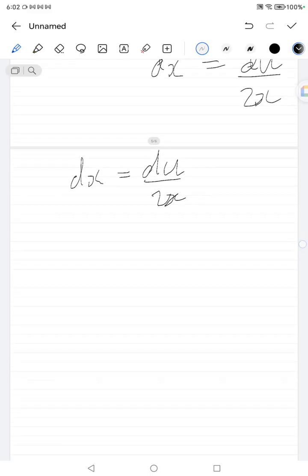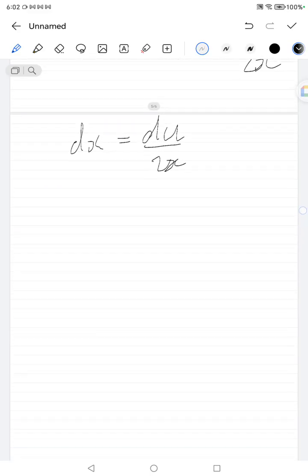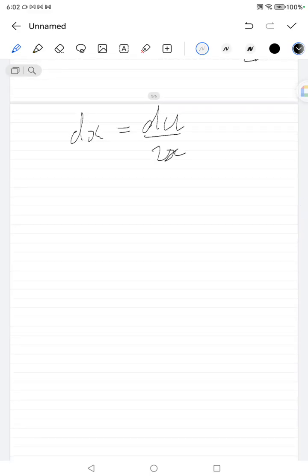Now we can try and see what we have. You will see that we have x over root of u.